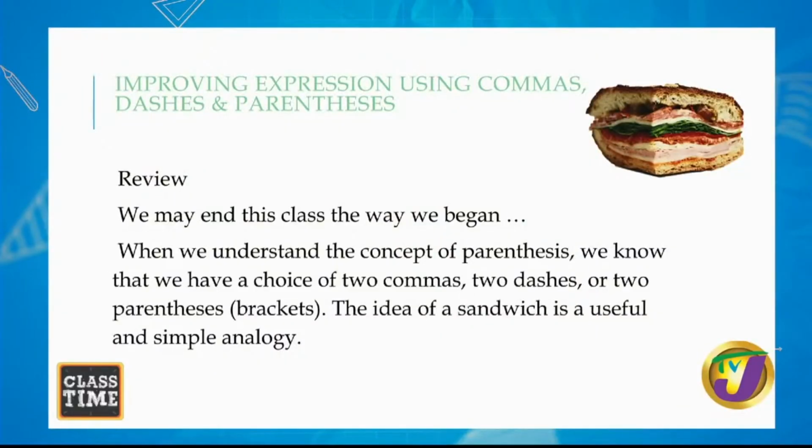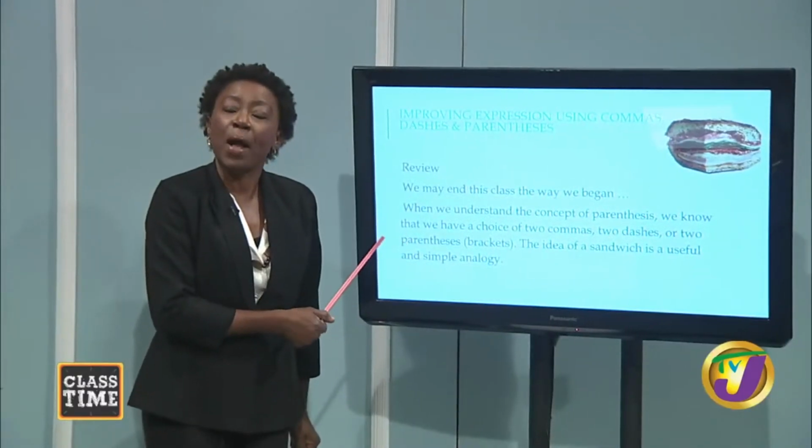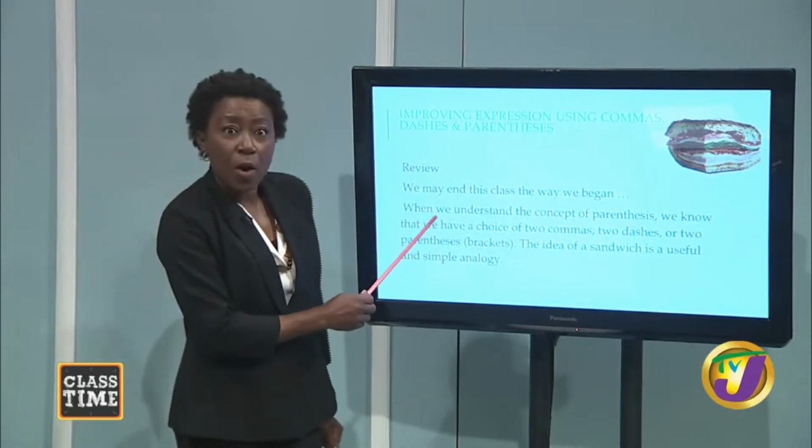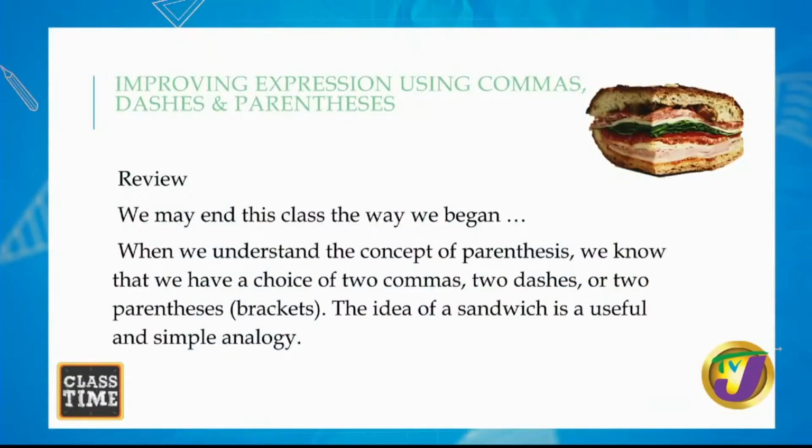So then, we are coming down to the end of our lesson, and we want to make sure that we end the way we began. We want to understand the concept of parenthesis, right? When we understand the concept of parenthesis, we know that we have a choice of 2 commas, 2 dashes, or 2 parentheses, which you call brackets.